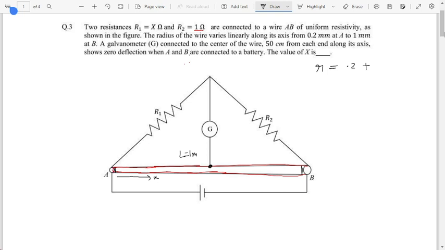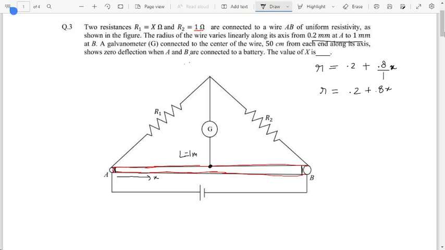So you get a difference of 0.8 mm over the length of 1 meter. So that will be 0.8 divided by 1 into x. So this is the radius as a function of x.